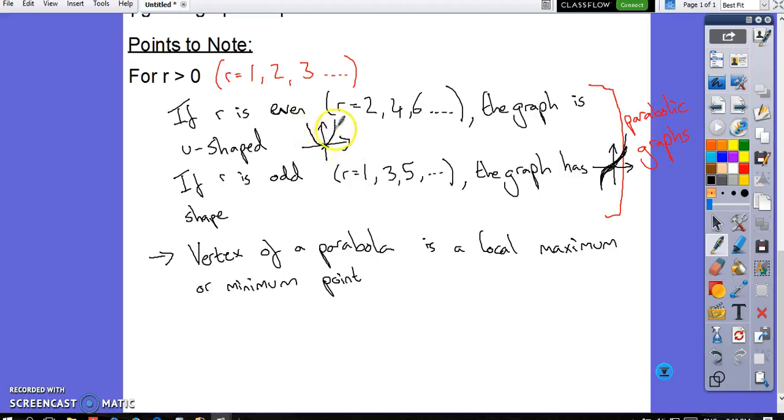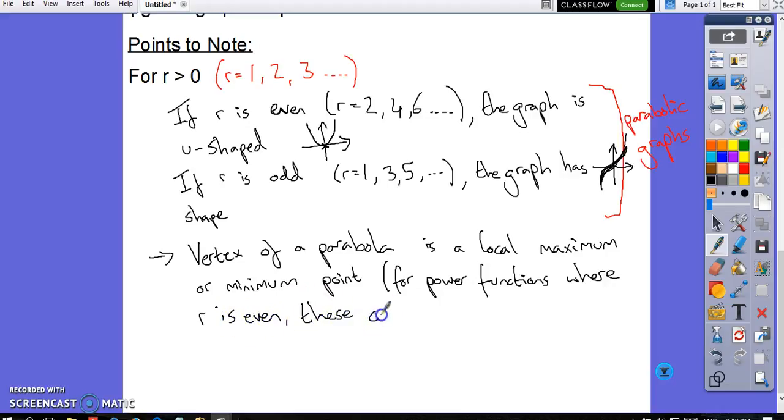It's the kind of minimum or the maximum if we have a as being negative. It's the bottom of the valley or the top of the hill. You can think of that as being. And we can see those if r is even at the origin. So for power functions where r is even, these can be found at the origin.